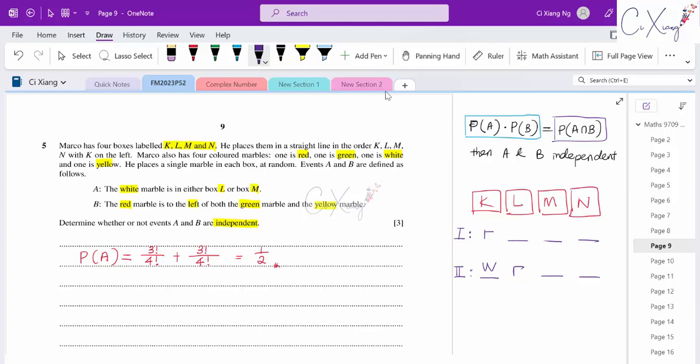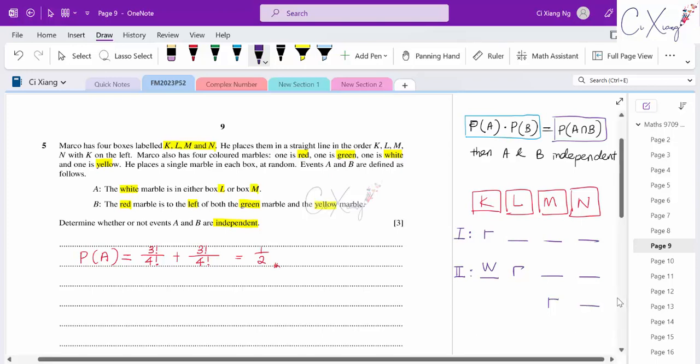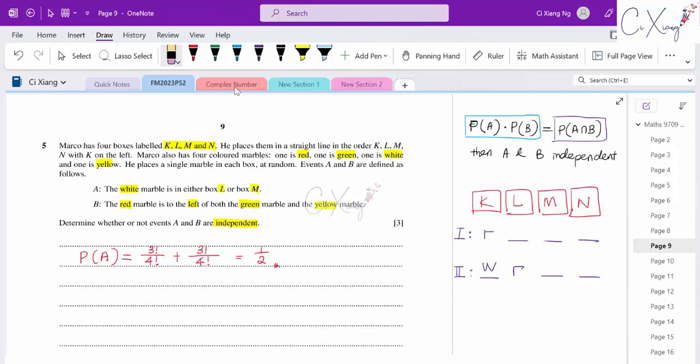If the white marble is in the K box and the red is in the L box, the remaining green and yellow can be in either M or N. So for this result, red is still on the left of green and yellow. I think these are the only two possible cases, because if I fix the red color in the box M, there are no more two empty boxes on the right, so you cannot ensure that the green and yellow are both on the right of the red. So these are the two possible results in event B.